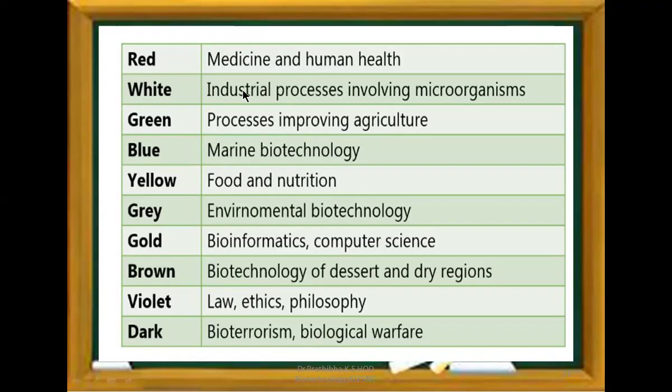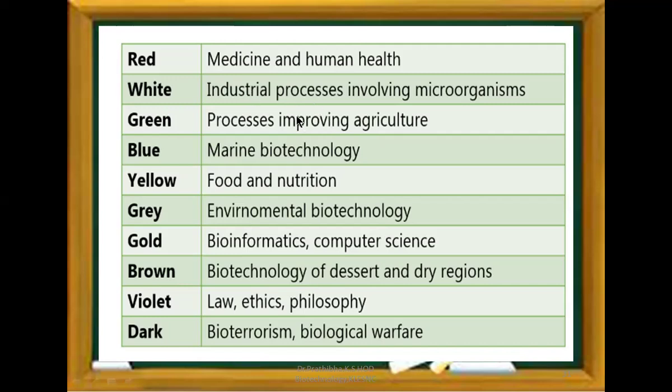Applications include using microorganisms and enzymes to produce biofuels, bioplastic, industrial chemicals, detergents, textiles, and other materials. It also aims to create more sustainable and efficient production methods, reducing waste and energy consumption, which comes under white biotechnology.